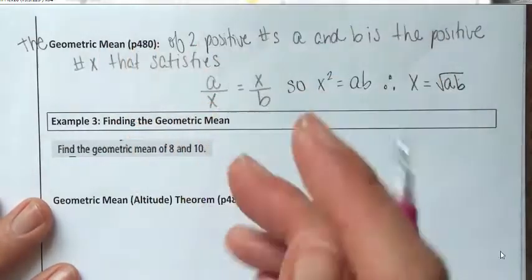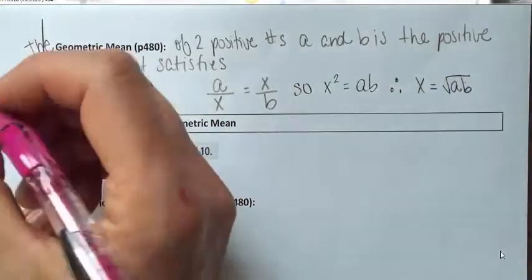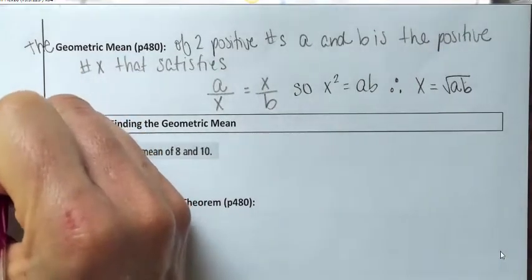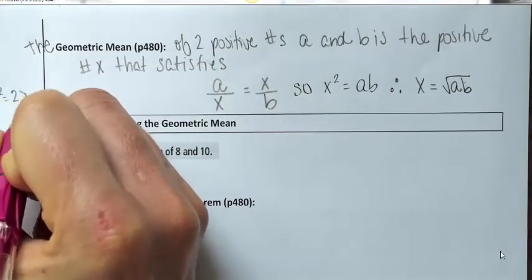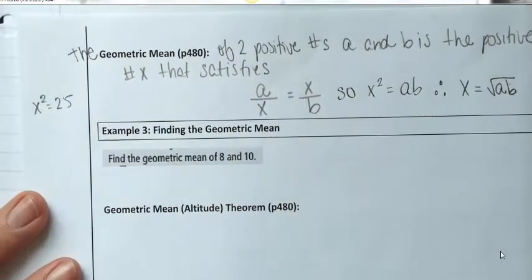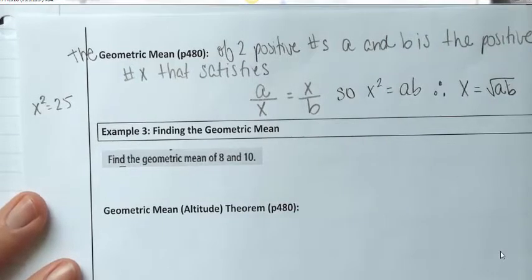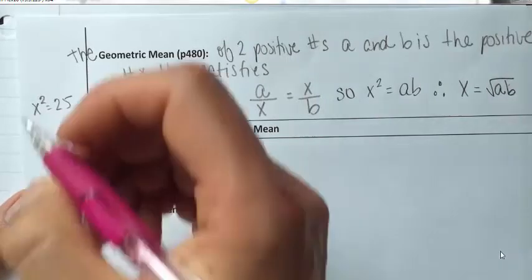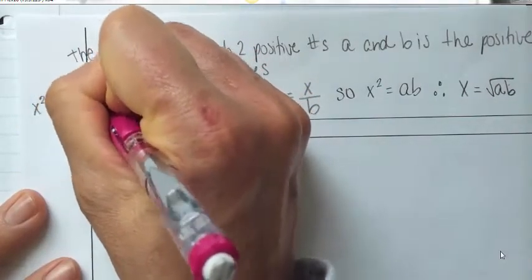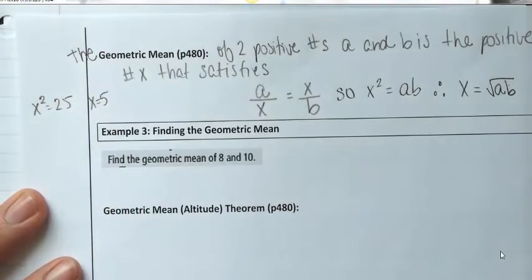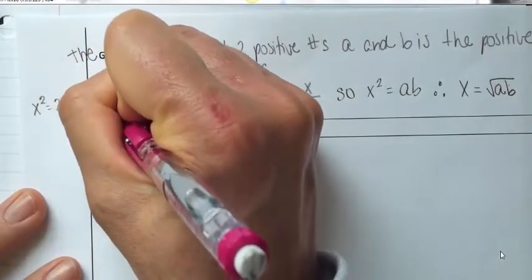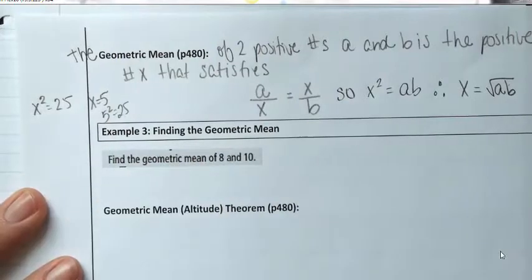So for an example of that, let's just do it over here. If I were to tell you that X squared equals 25, well, what number can I square to get 25? And you're saying to yourself, duh, it's 5. X equals 5, of course. Because if I square 5, I get 25, right? Okay, so that's one of them. There's another number, though, that I can square and get 25.